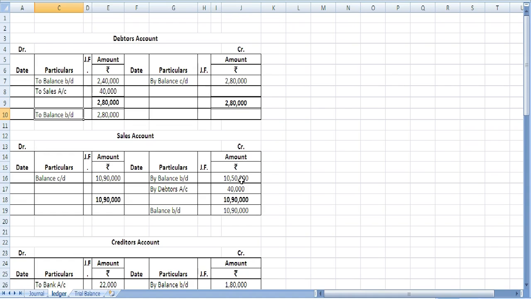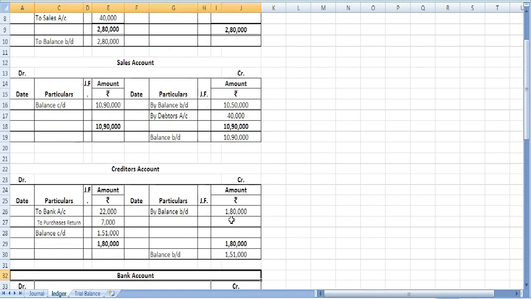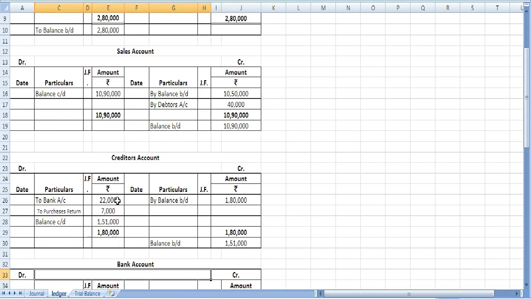So this side was 1,90,000, this side was nothing, so we wrote 1,90,000. And this became the opening for the next month, 1,90,000. Then down here we did the same thing, the balance.